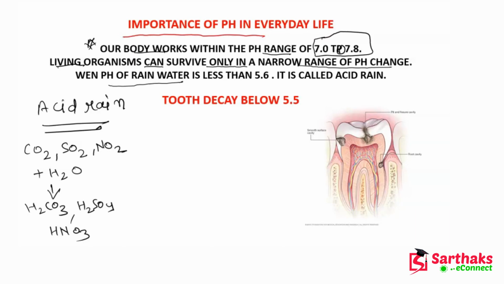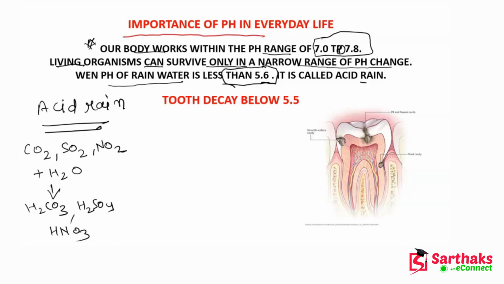So this type of rain is one where the pH of rain is less than 5.6. If it is above 5.6, then we will not call it acid rain because it is not that harmful. But if the pH is less than 5.6, then it will be very harmful for us.